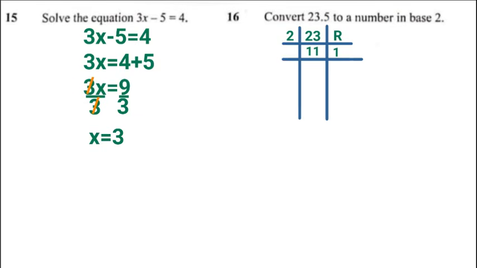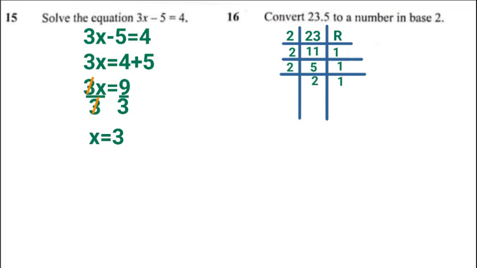Then I'm going to divide 11 by 2, which gives me 5, remainder 1. Then I'm going to divide 5 by 2, which gives me 2, remainder 1.